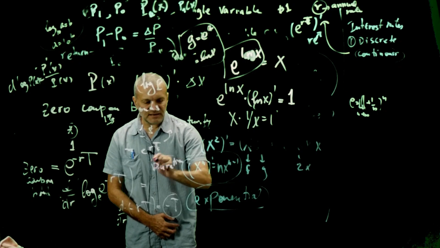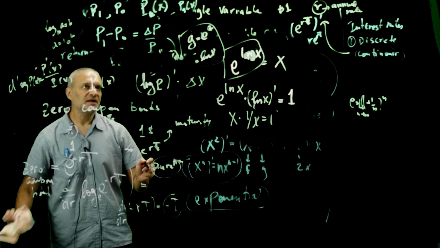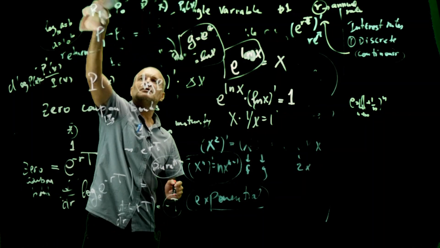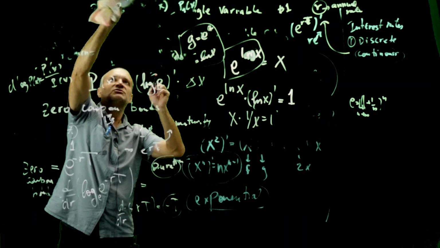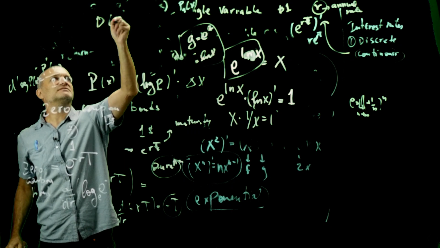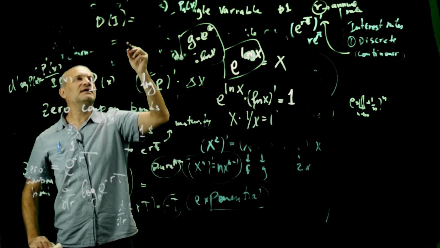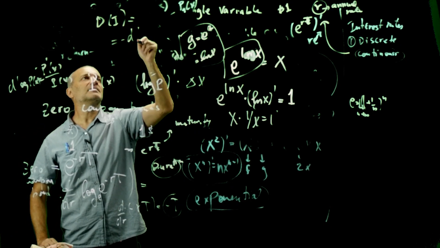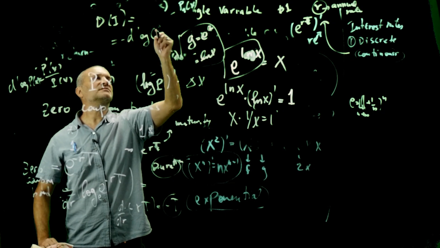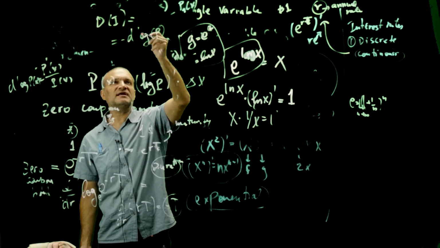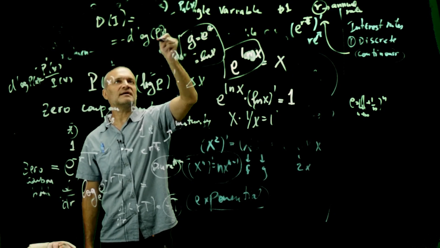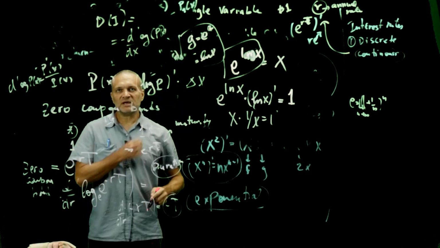You can think about the definition of duration as follows: the duration of an instrument, of a fixed income or any instrument, is just minus the derivative of the log of the price with respect to some x.